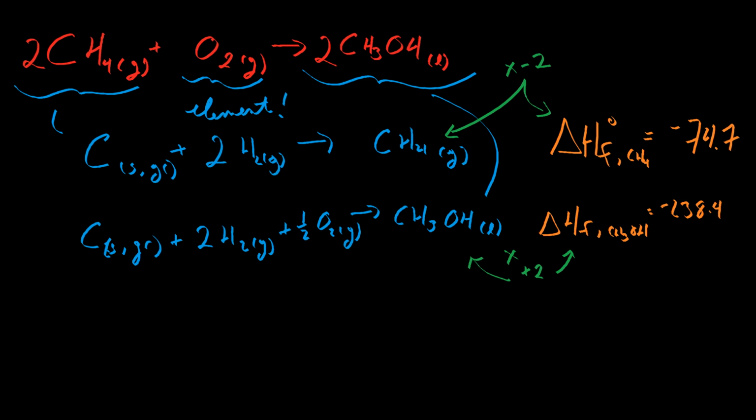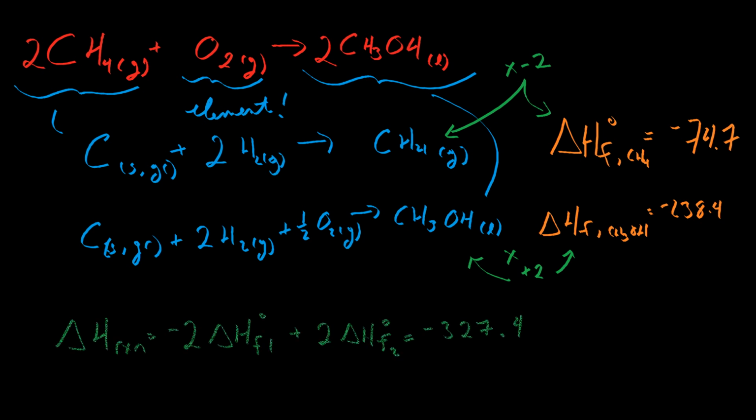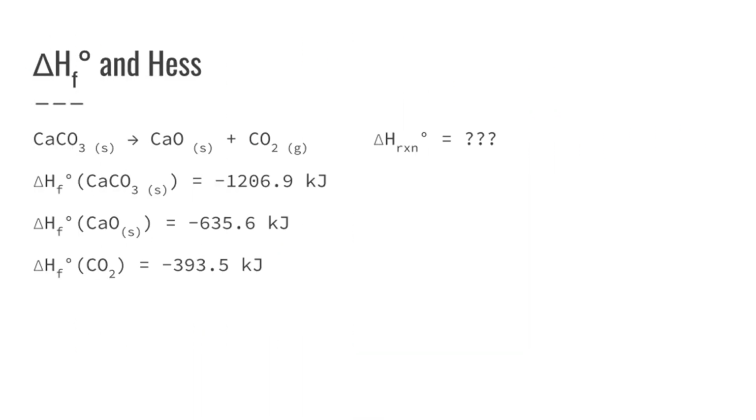And when we do that, we get a delta H of reaction that is equal to -2 times the delta H of formation of methane plus +2 times the delta H of formation of methanol, or -327.4 kilojoules per mole.